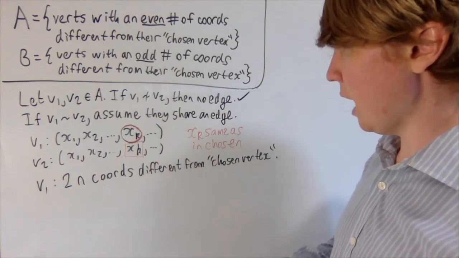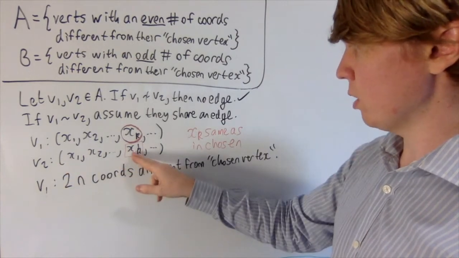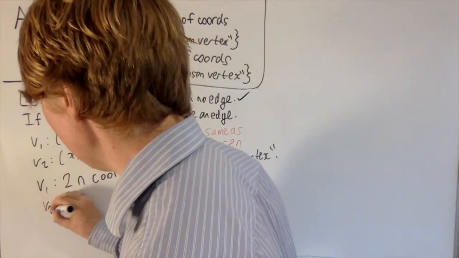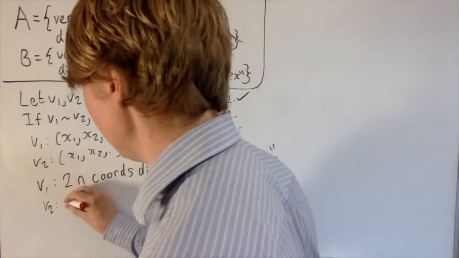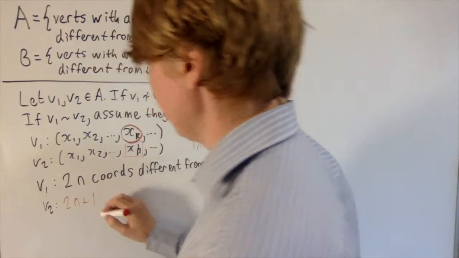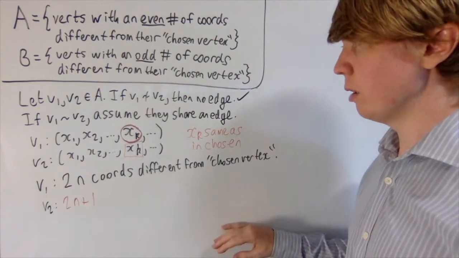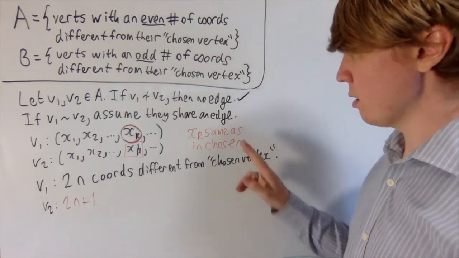So V2, with this one different as well, would actually have to have 2n plus 1 coordinates different. That's a contradiction because this is an odd number and we've assumed they're both in A. Okay, so that's no good.